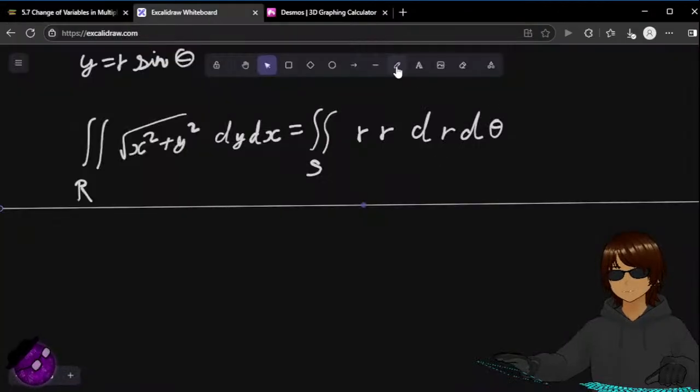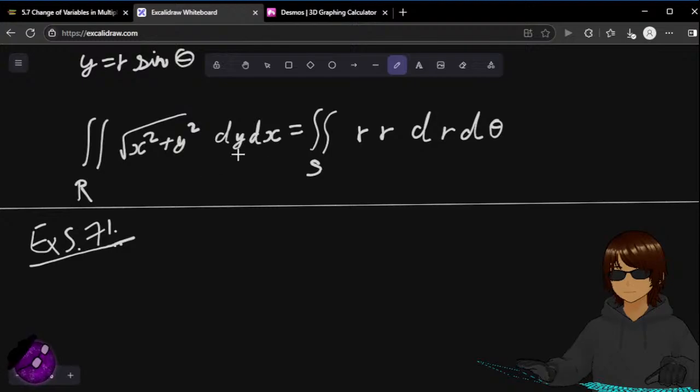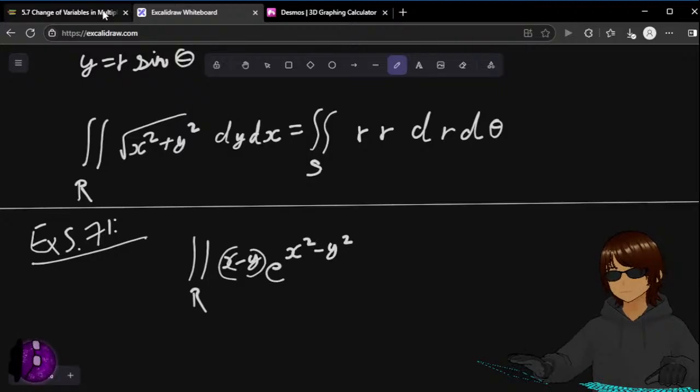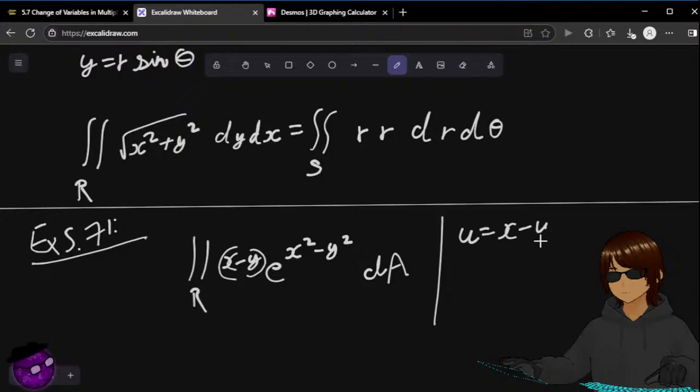So example 7.5.71. This looks ugly. We have r, x minus y, e is equal to x square minus y square, dA. u is x minus y, v is x plus y.